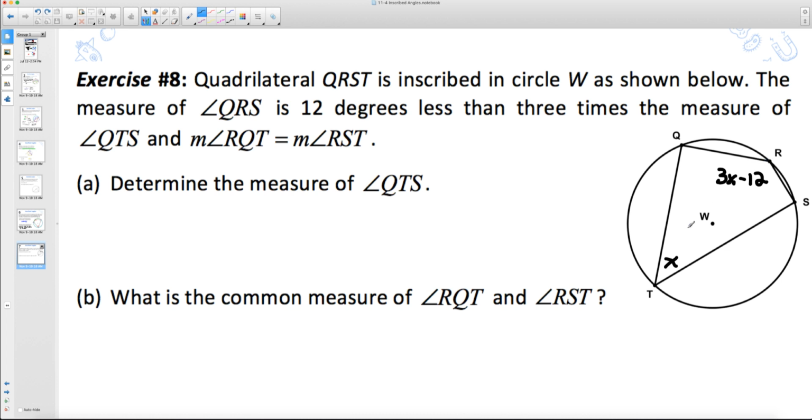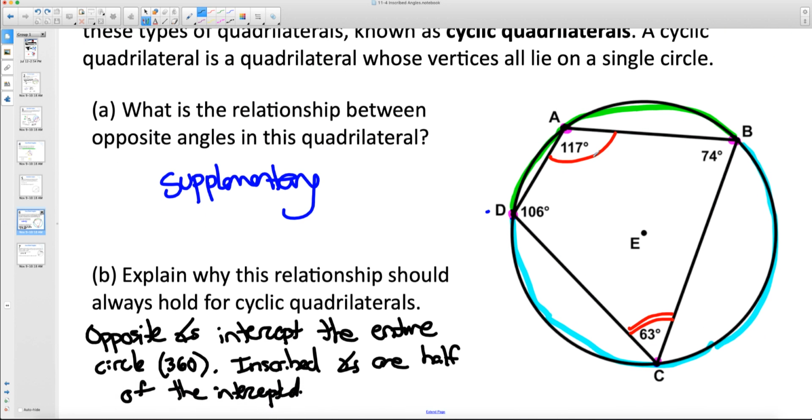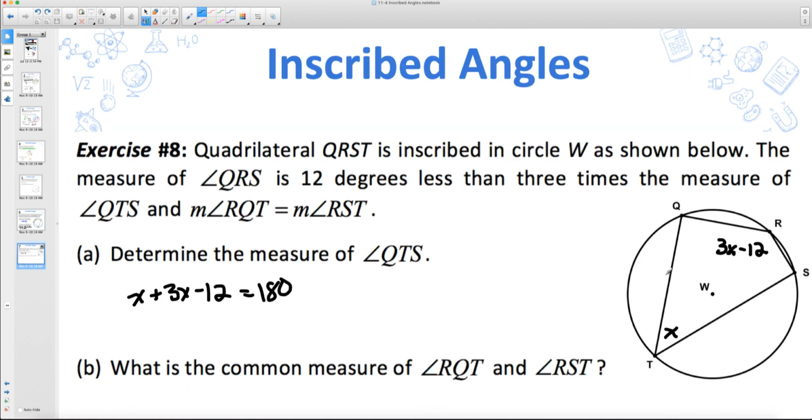All right, well, these two angles are going to add up to 180 degrees together. So we're going to say x plus 3x minus 12 equals 180 degrees. If we look back here, they're opposite angles. We know opposite angles will always add up to 180 degrees.